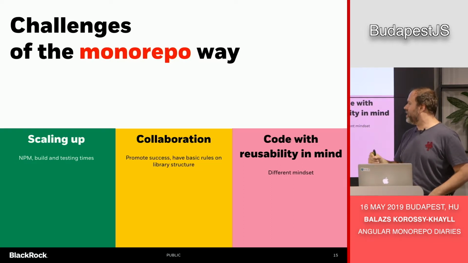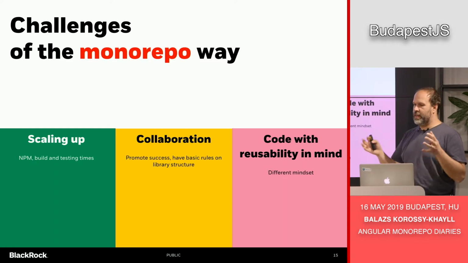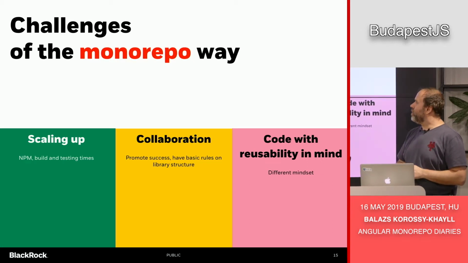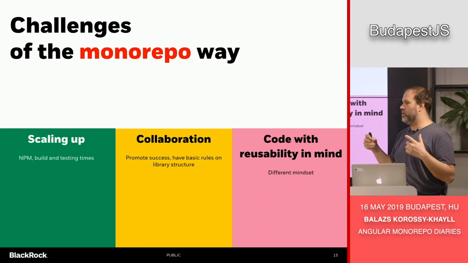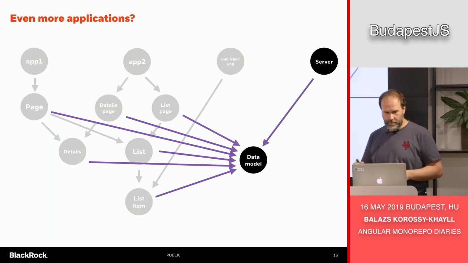Then I'm going to talk a bit about collaboration and how that is different from maybe a project that is specific to one application in one repository. And then I'm going to talk about, at the end, a bit about how you need to think differently so that you can really use the benefits of the Monorepo.